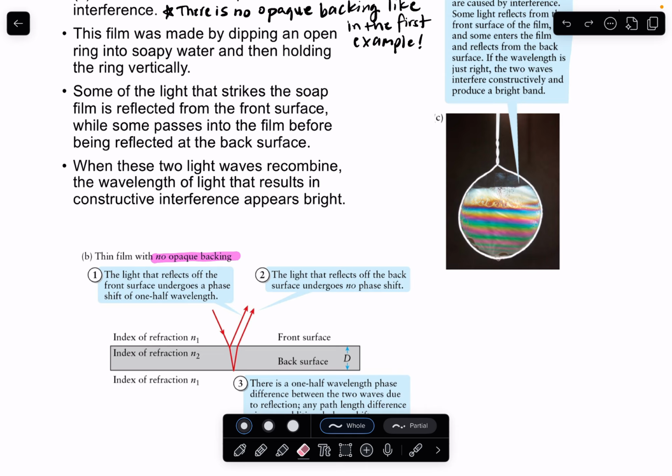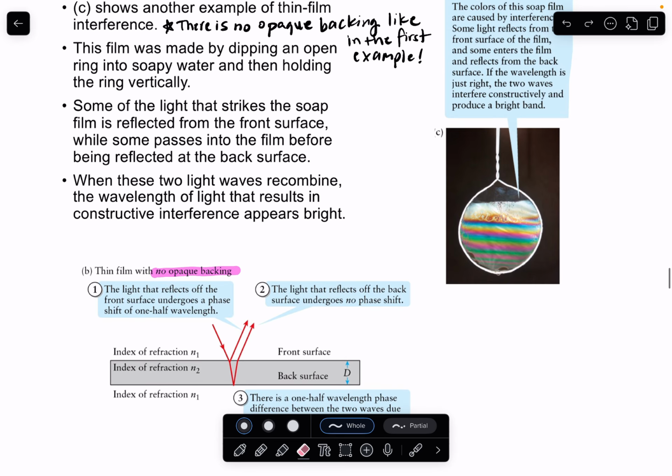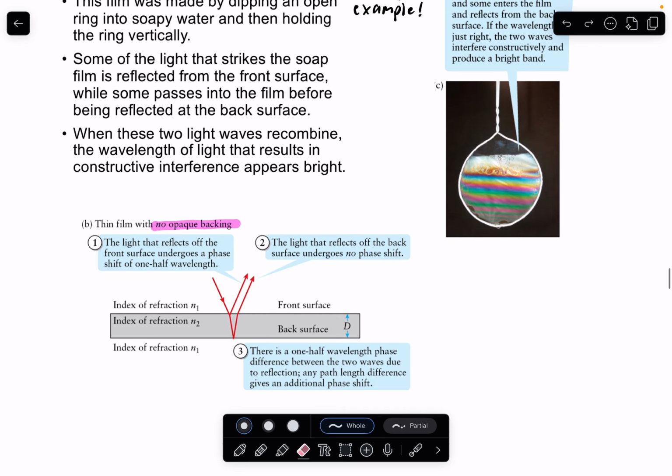So let's talk about what happens now. We have the same situation. Light will bounce off of the top of the film, and then some of that light will refract inside, bounce off the back of the film, okay? But this time, since there is no opaque backing, there is going to be no phase shift that occurs. And so what that does is that changes the interference conditions.